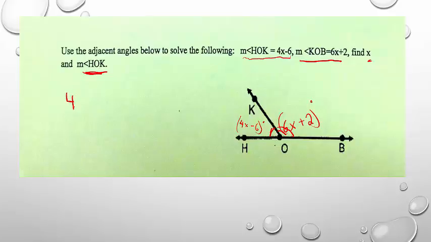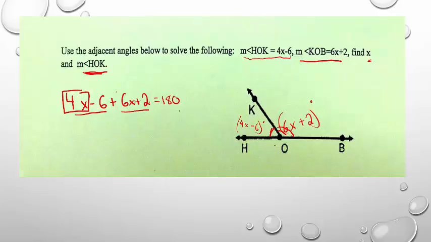So it would make sense to add these together and set it equal to 180. So again, I'm taking one expression that represents a measure plus another expression that represents a measure, and I'm just adding them together and setting it equal to 180.